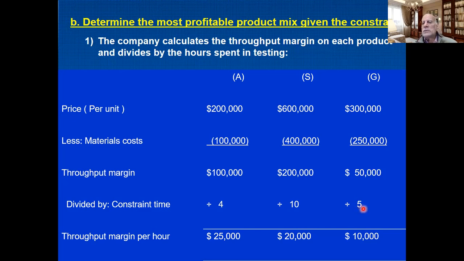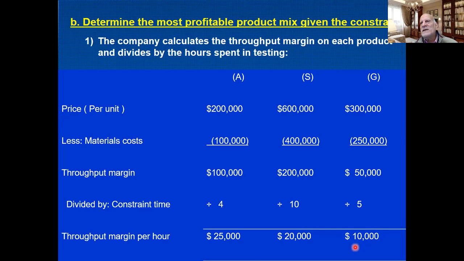So we calculate the share of 1 hour of testing used in this product by dividing by the number of hours, which are the constraint time. You will see that every hour used in producing product G will give the firm $10,000 only.